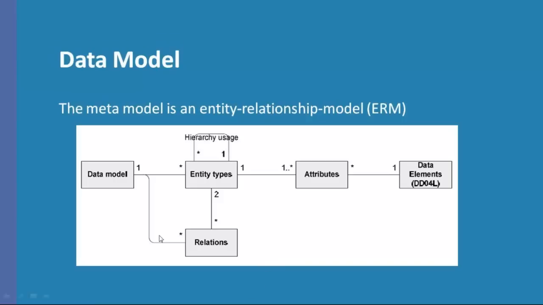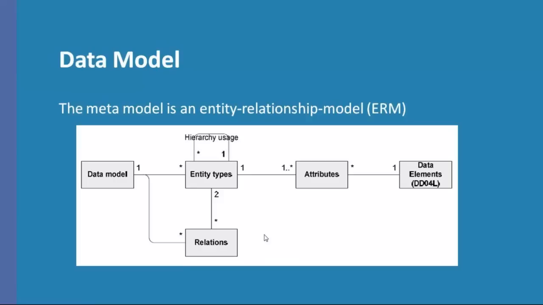Why is this relation important? Because every entity type is defining some area. Let's say, as I mentioned, material purchase or material sales, which are nothing but a part of material data.